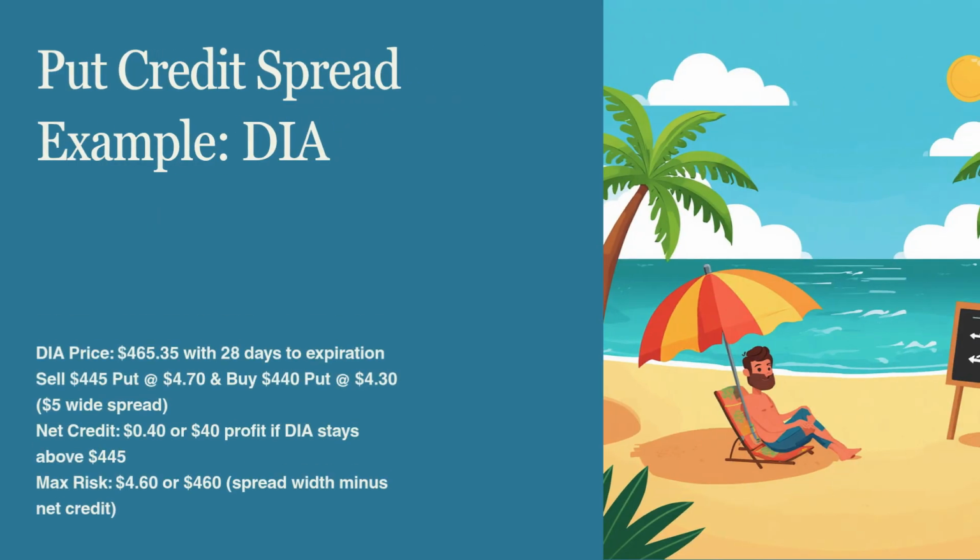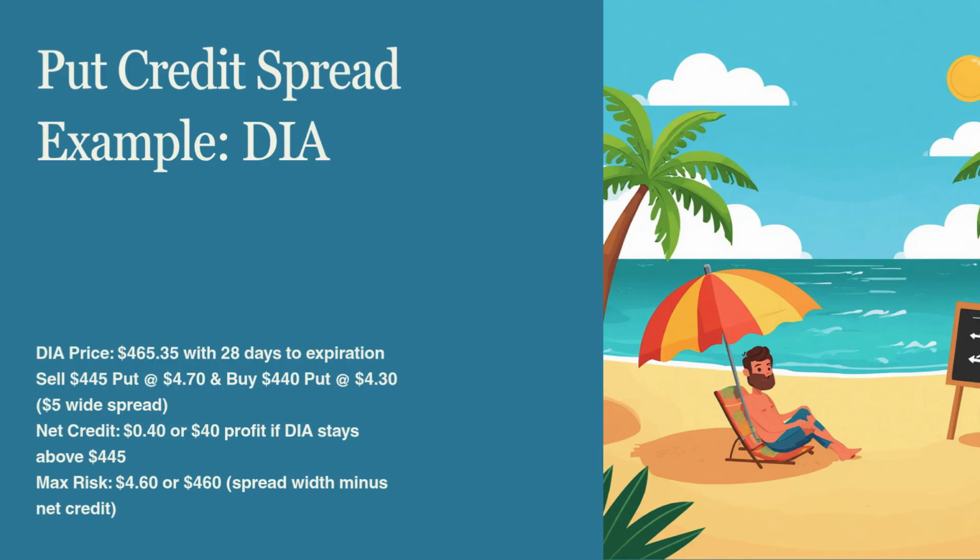Let's go through another example and I can show you how one of these sets up. So look at DIA, which is your Dow Jones Industrial Average. This is one of the indexes that we trade. Let's take an example where DIA is at 465.35, 28 days to expiration.